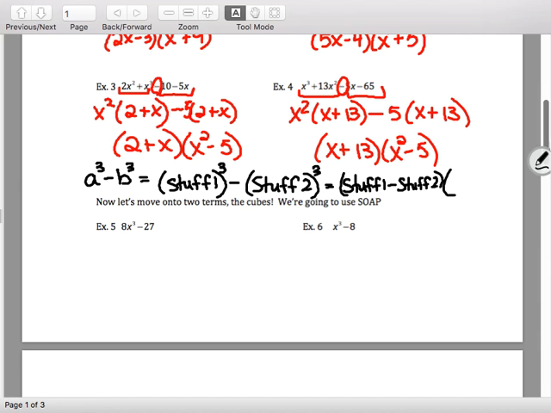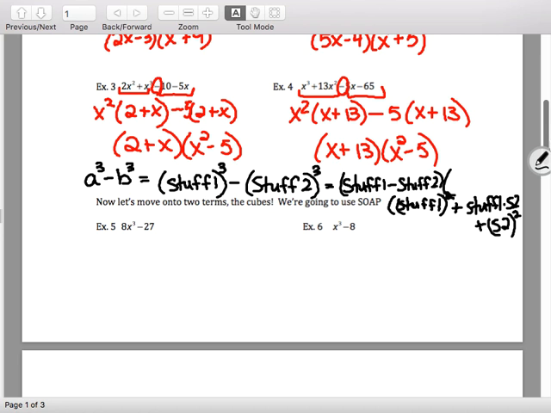Now it's the same sign, and it is multiplication, but because I wrote so big, I'm going to put it down here. Then you take stuff 1 and square it, opposite sign, and then you take stuff 1 times stuff 2 plus stuff 2 squared. I'm abbreviating now because I'm running out of room.